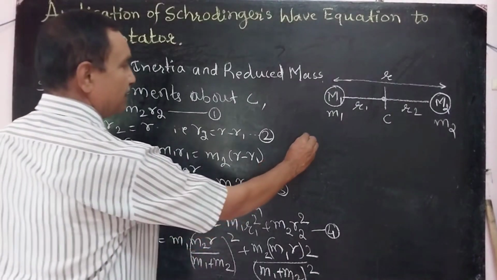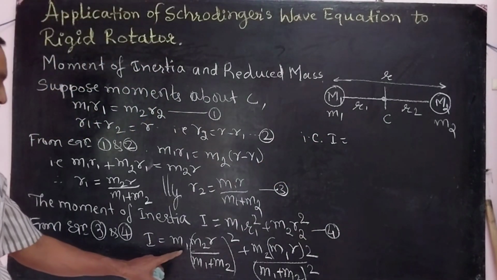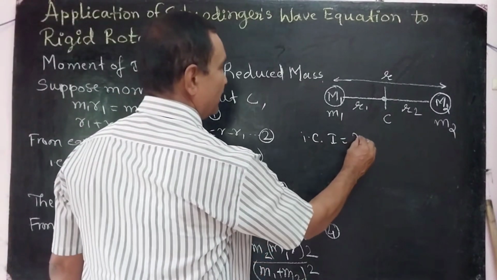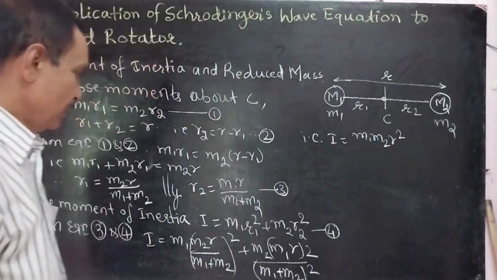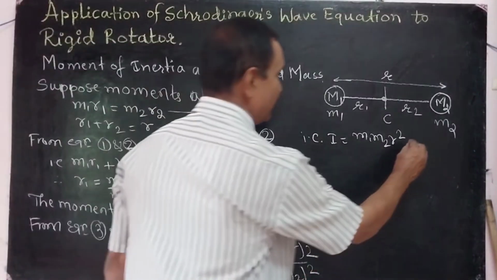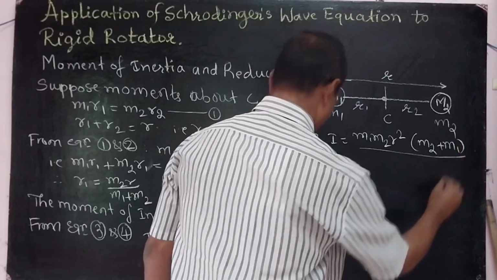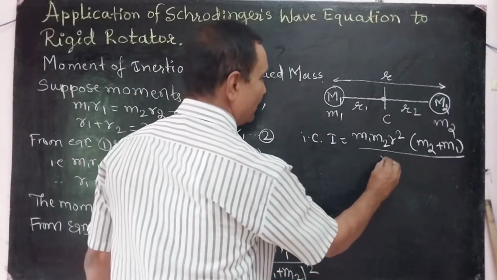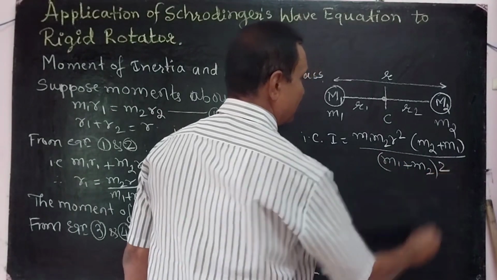That is, I equals, you may take m1, m2 and r square common in all the terms. m1 m2 r square, then one m2 will remain here and one m1 will remain here, that is m2 plus m1 divided by (m1 plus m2) square. The denominators are the same.